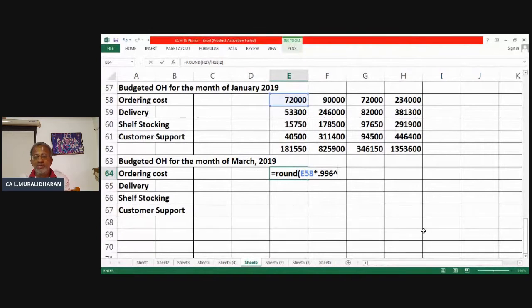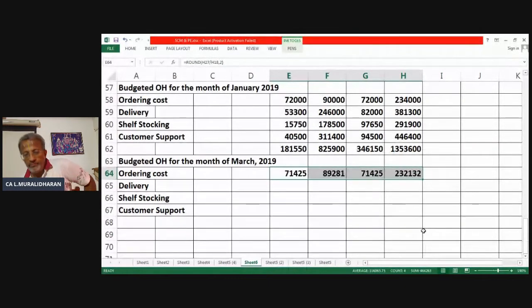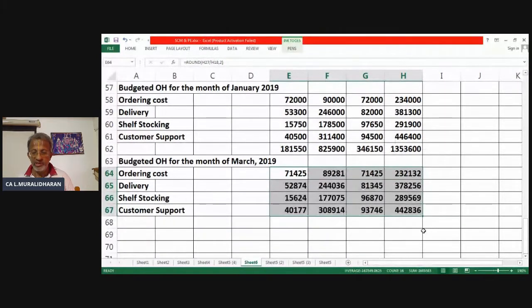So you have to do this 2 times, so to the power 2, so as to find out the ordering cost of that. Correct? And in the same way, we expect it in each case and also in the total.